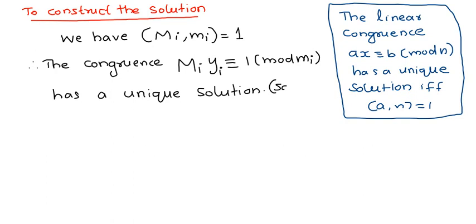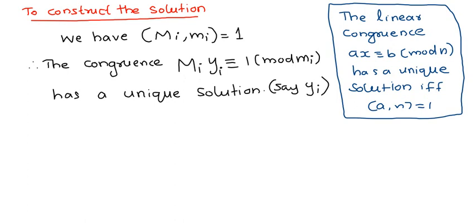Say yi is the solution. Therefore, the congruence Mi yi ≡ 1 mod mi. This is another form. We can say that yi is the inverse of capital Mi mod small mi, or vice versa. We already discussed this topic in the last chapter.